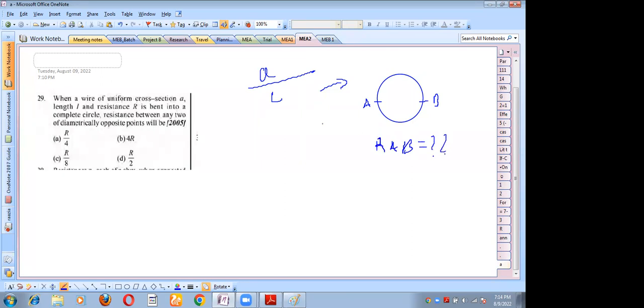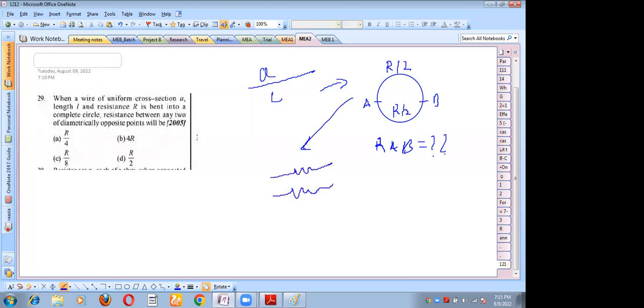So what will happen? Total resistance is R. So the upper portion will have half the resistance and the lower portion will have half. Understood? Since length is half, now they are connected in parallel like this.